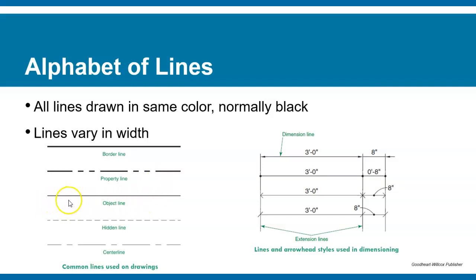An object line, notice that that is the line that represents a particular object, like the outside of a wall, or the outside of a column, or the outside of different objects.